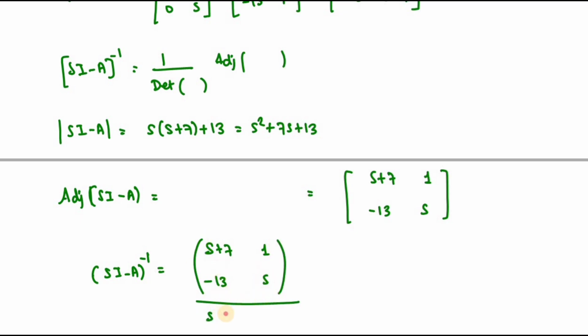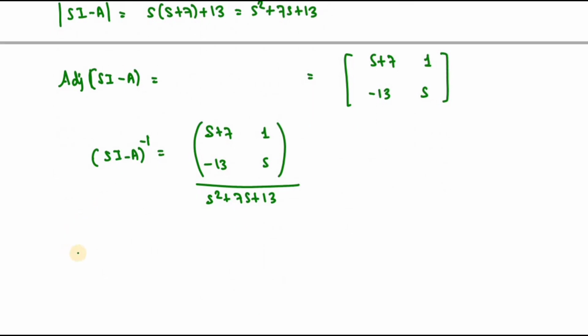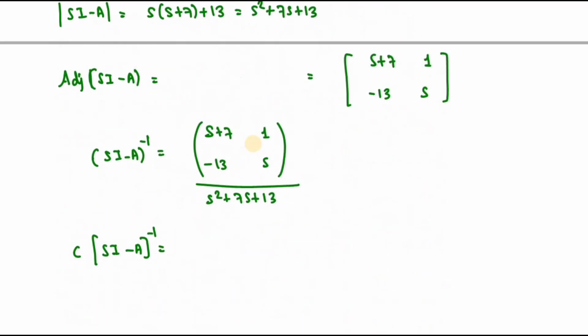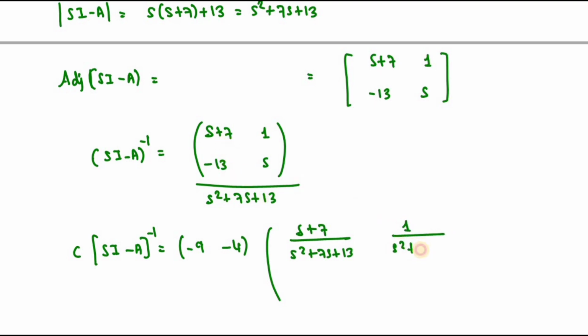So next you have to multiply this one with C. C value is nothing but minus 9 and minus 4. You have to multiply with s plus 7 divided by s square plus 7s plus 13, and s divided by s square plus 7s plus 30.